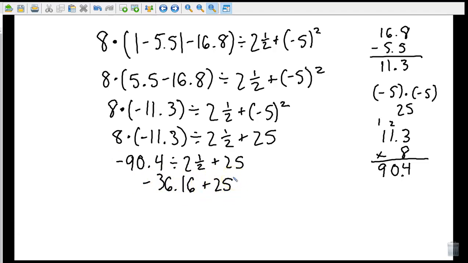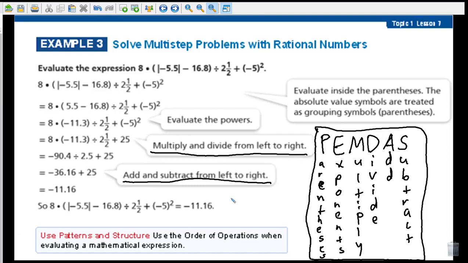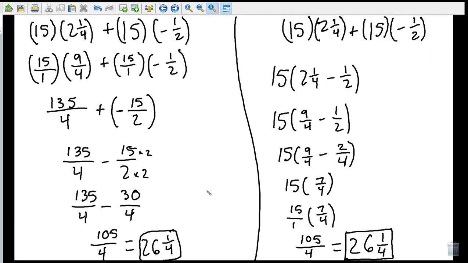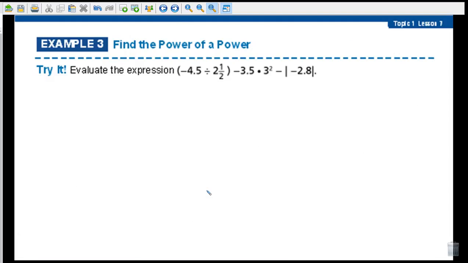Okay, we're really going to subtract them and keep the sign of the bigger number, but I'm just going to do it on the calculator real quick. And my answer is 11.16. Please tell me I'm right. Negative 11.16. Boom, perfect.